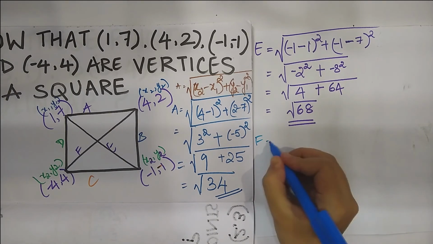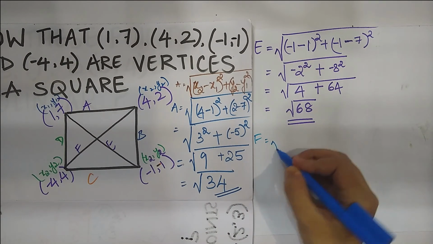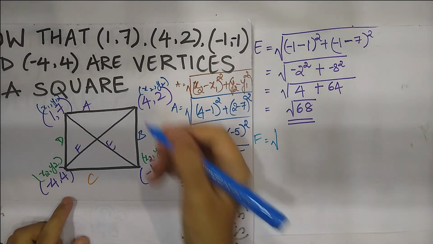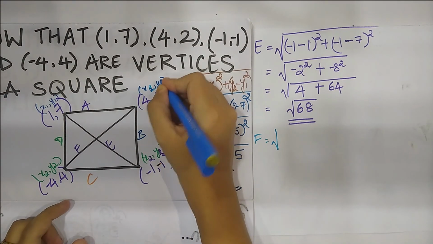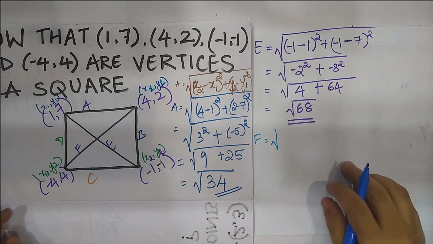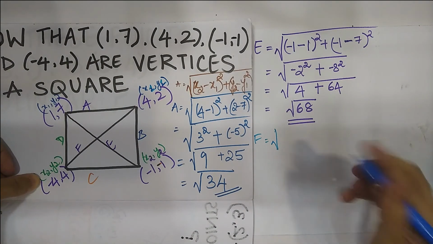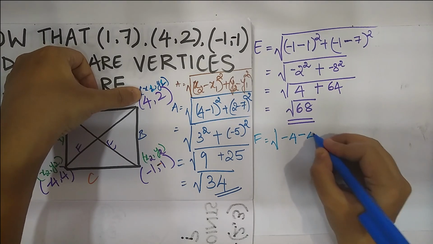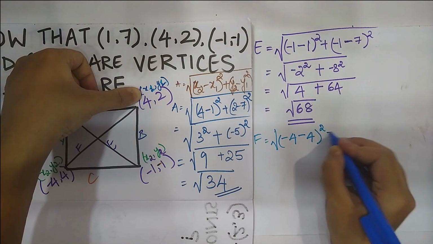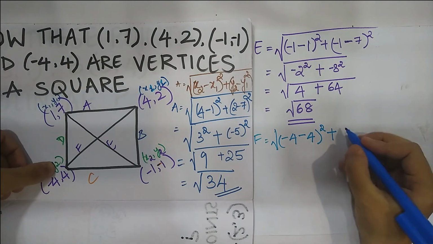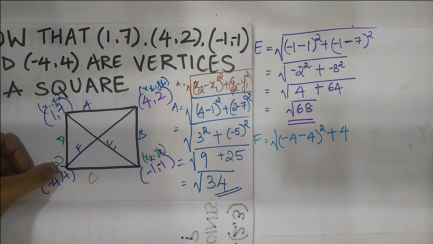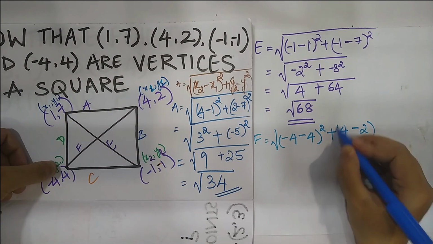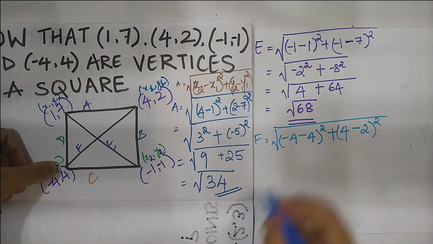So let us give the name F for the other diagonal, and let us calculate the distance. F is equal to square root of x2 minus x1, let us just take this as x1 and this as x2. So x2 is minus 4 minus x1, which is 4, the whole square, plus y2, which is 4, minus y1, which is 2, the whole square.